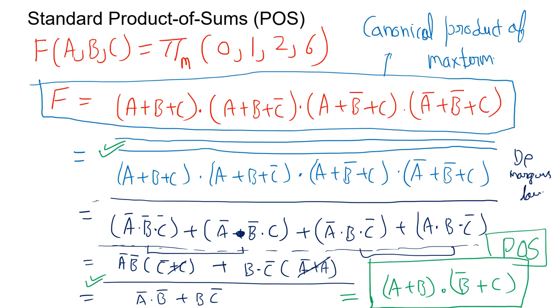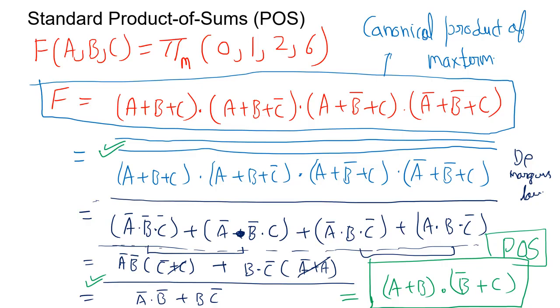So I hope now everyone is clear about what is canonical product of maxterm and standard product of sum. Similarly, canonical sum of minterms and standard sum of product. So these are four different terminologies to represent the circuit.